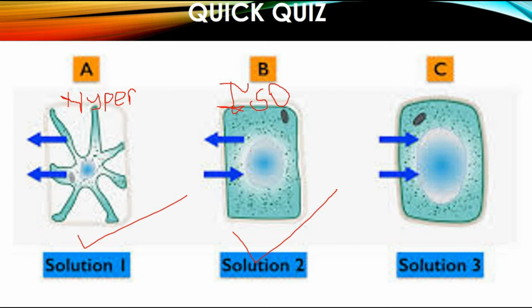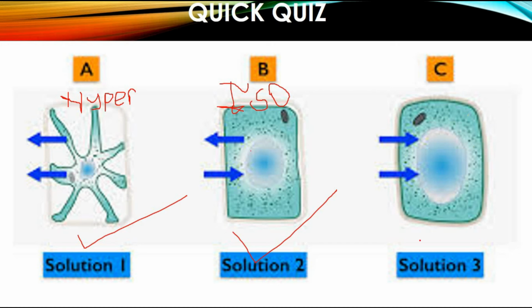And the third one, solution 3, let's have a female. It goes into the cell, causing it to bloat. So outside is more concentrated, and the water goes into the cell, causing it to bloat and such.